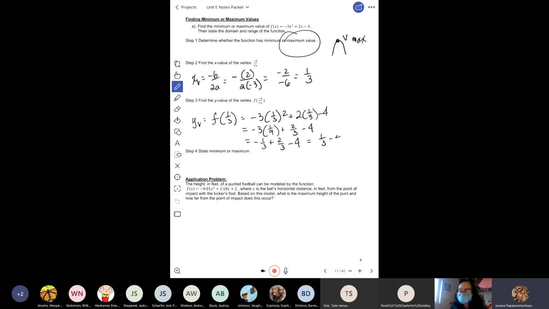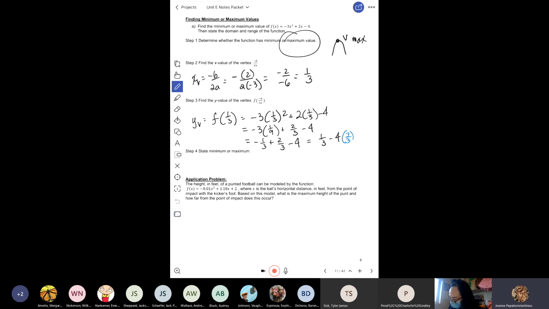Before I can add those numbers together, what do I have to have? Common denominator. So what am I multiplying this number by? Well, it's a fraction over 1. 3 over 3.